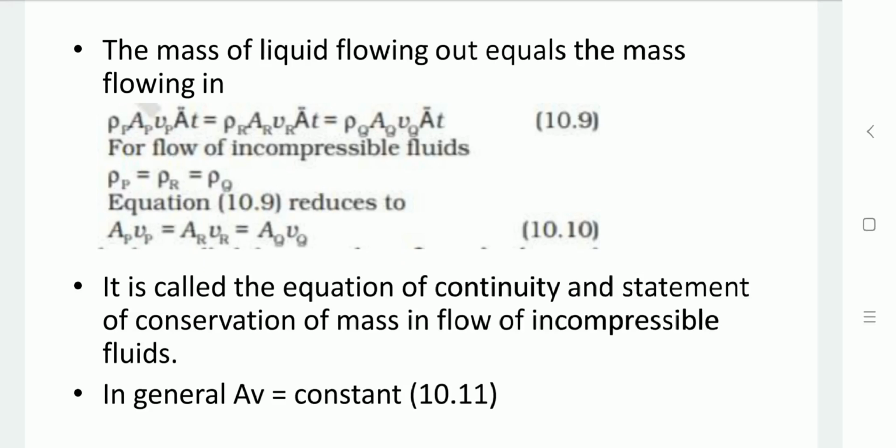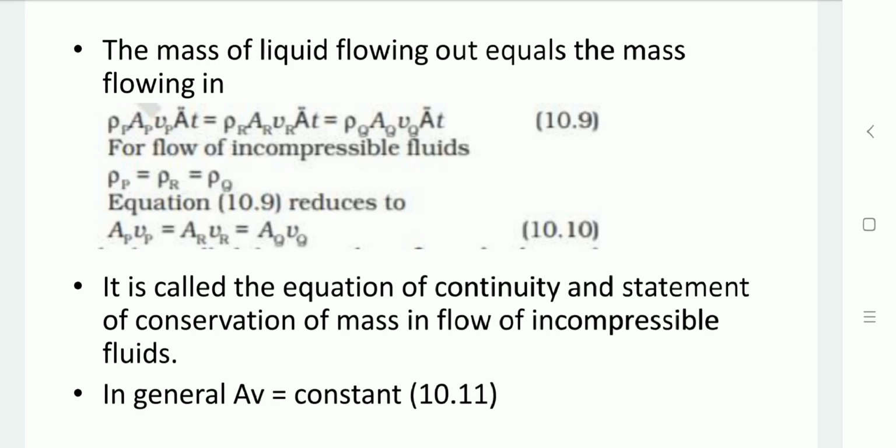This equation is known as the equation of continuity, and it defines the conservation of mass in the flow of an incompressible fluid. So A into V is equal to a constant. This AV gives the volume flux or flow rate, which remains constant throughout the pipe.